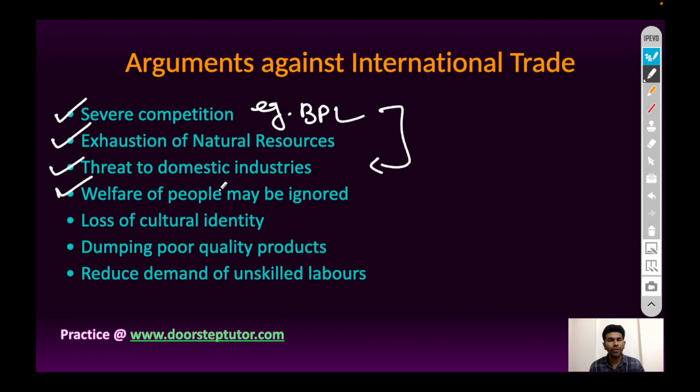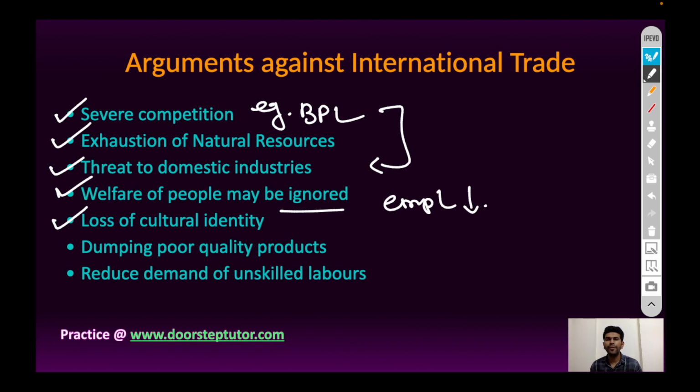Next, welfare of people may be ignored. As we know, international trade requires more production and it requires machineries to produce more in limited time. Hence, the unskilled workers may lose their jobs, so there will be lesser employment. Next, loss of cultural identity.